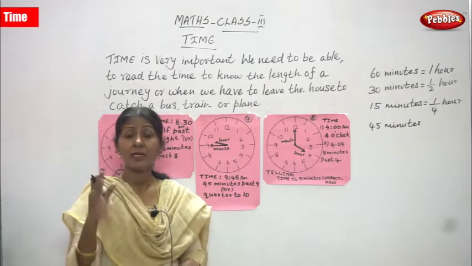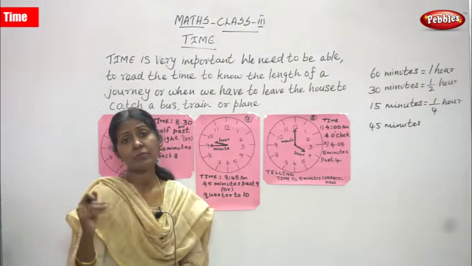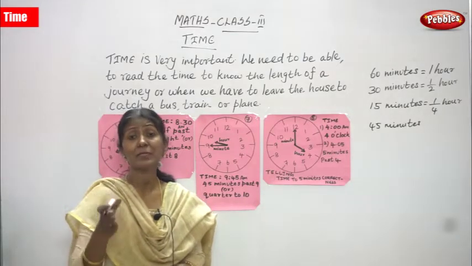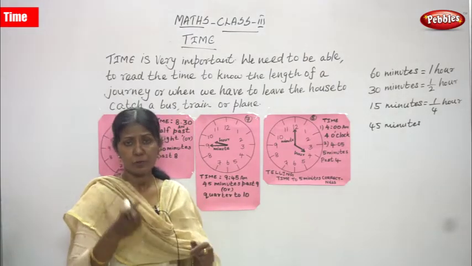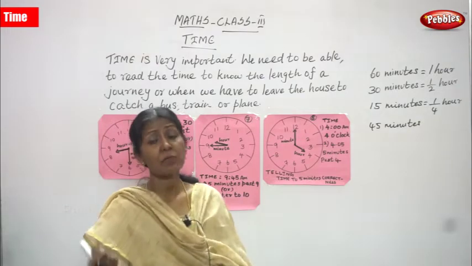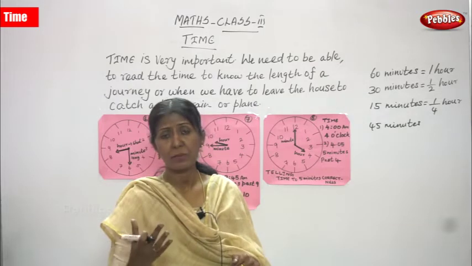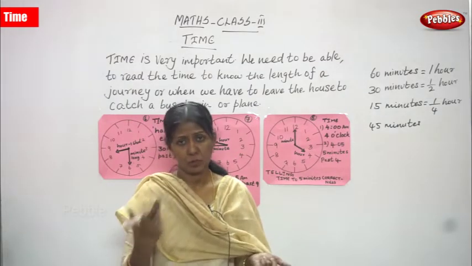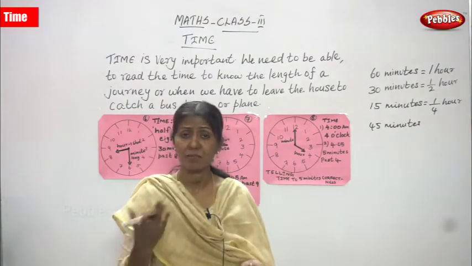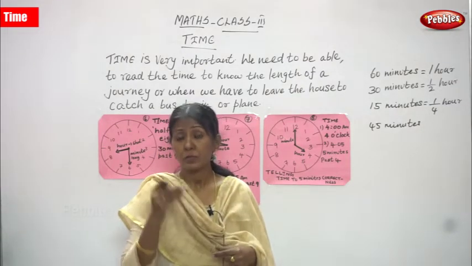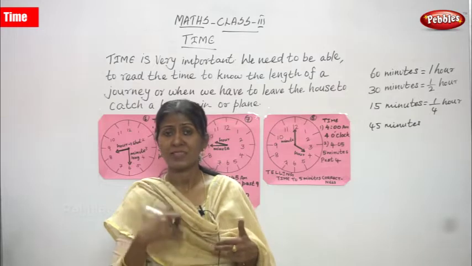So if the time is 1:15, you consider it 1:15 a.m. I am talking about midnight. Suppose you want to travel at midnight by bus, train, car or plane, whatever the vehicle, you are going to travel in the night time.